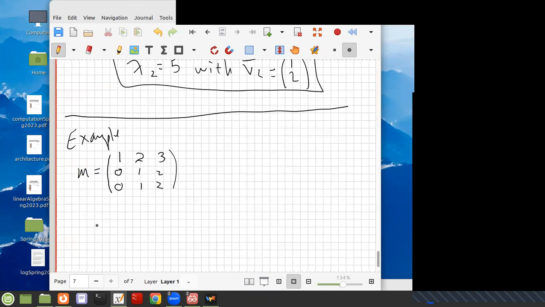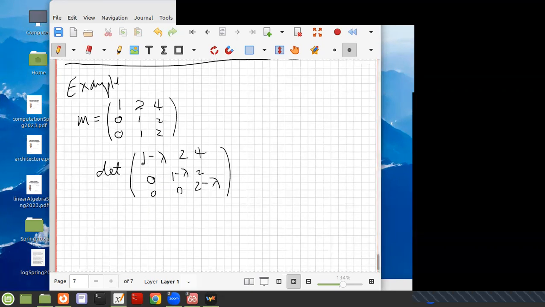So we need to write down the formula for the characteristic polynomial. So you write down the determinant of 1 minus lambda, 2, 3. Oh, let's make this just in case this is nicer. Let's put a 4 in here, just so we have a better chance of having something reasonable. 0, 1 minus lambda, 2, and 0, 0, 2 minus lambda.